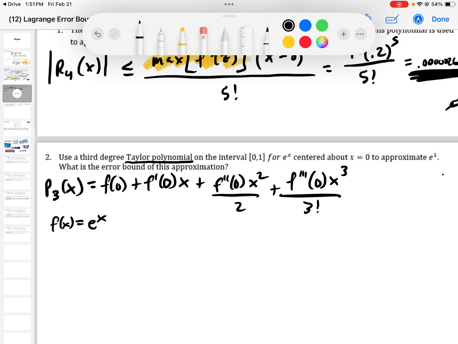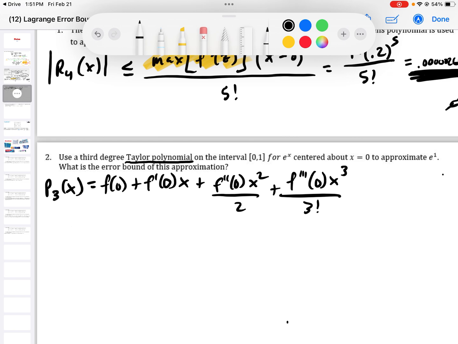To do that, we need f of x equal to e to the x. f of 0 is 1. The derivative of that is e to the x, so f prime at 0 is also equal to 1. Those are all going to be equal to 1, right?